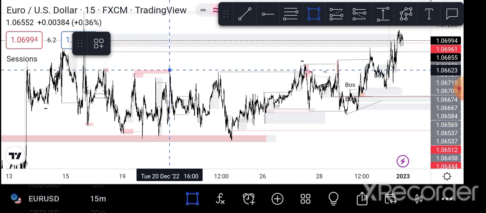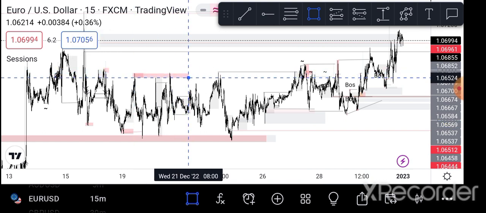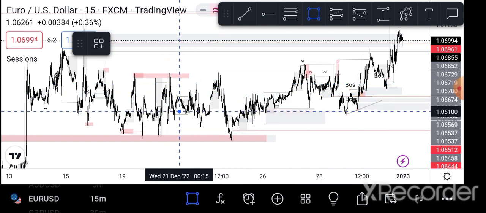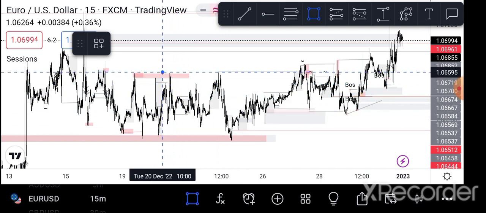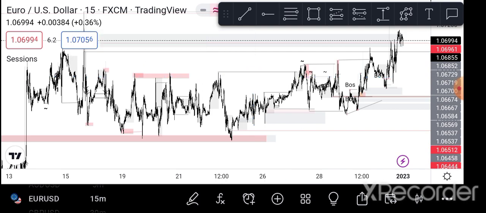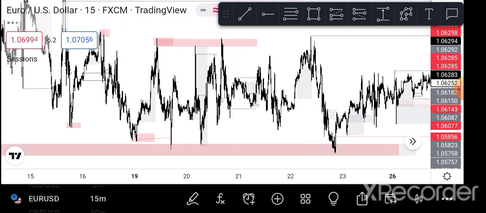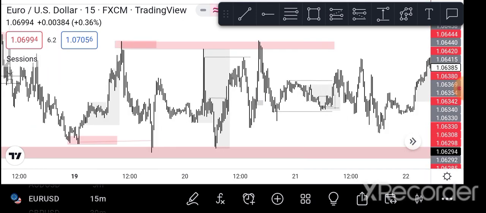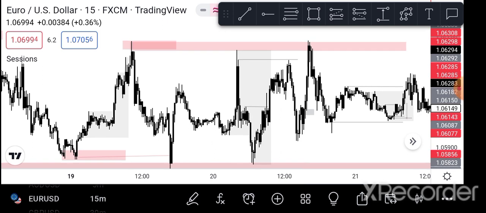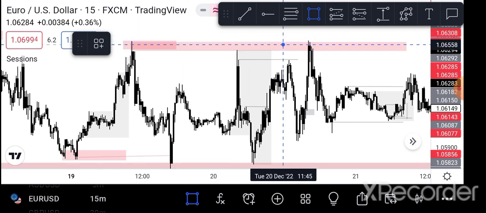So you can see this leg held the price. I think price even broke itself. You can see price wicked this high.